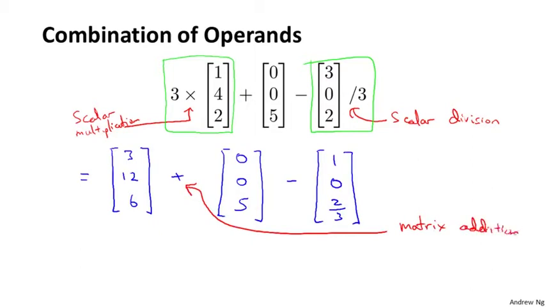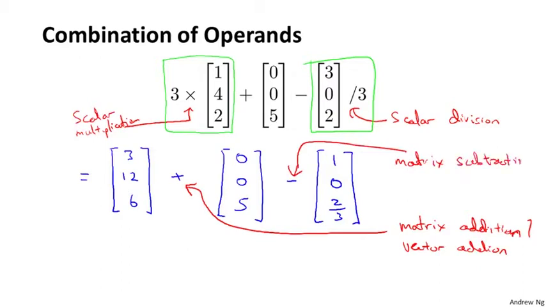Or really, since these are vectors, and remember vectors are special cases of matrices, we can also call this vector addition. And this minus sign here is again matrix subtraction. But because this is an n by 1, really a 3 by 1 matrix, this is actually a vector. So we can call this vector subtraction as well.